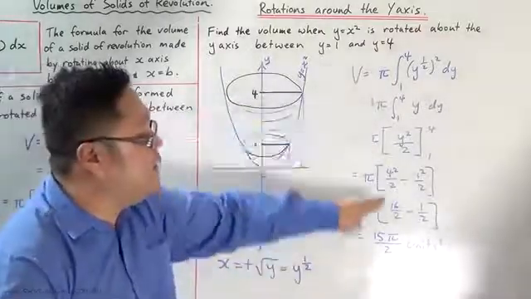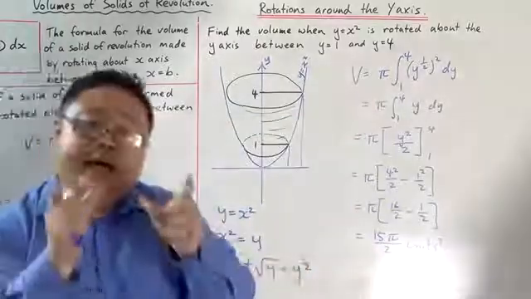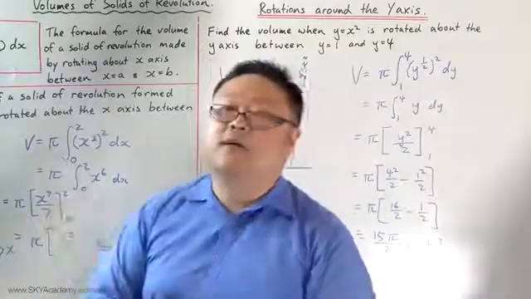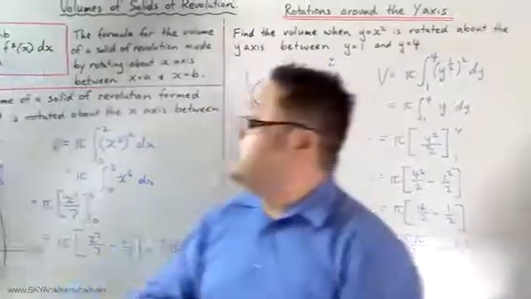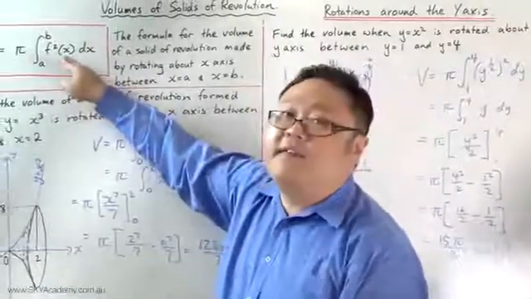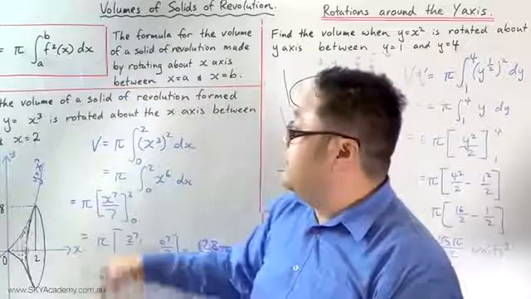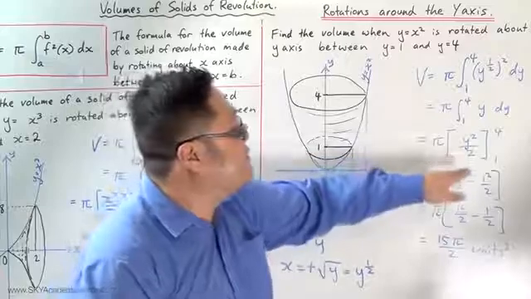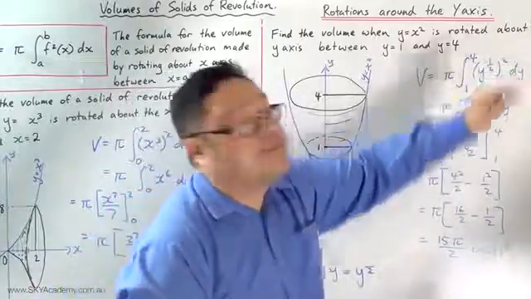So hopefully you can follow the algebra, but the key to notice with these sorts of questions when you're doing volumes of solids of revolution is that you need to square the function, just like we squared the function there and there.